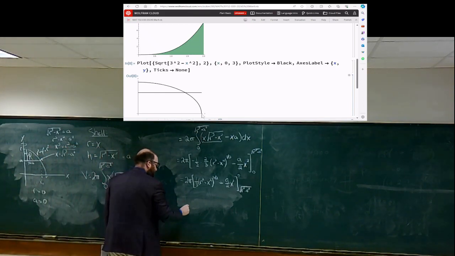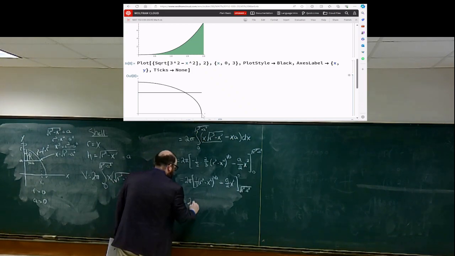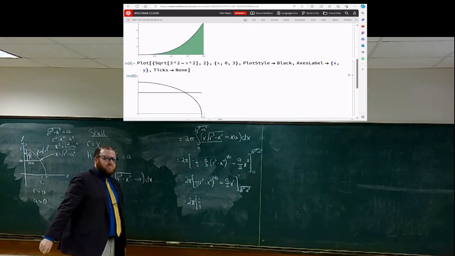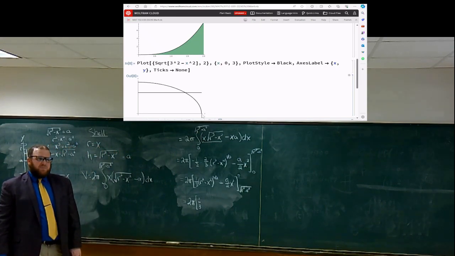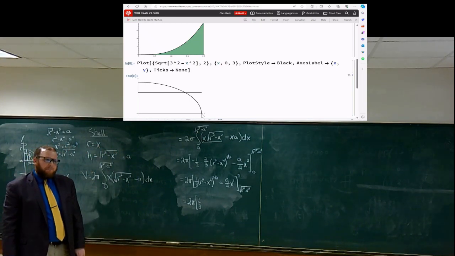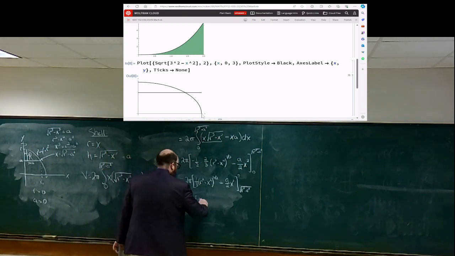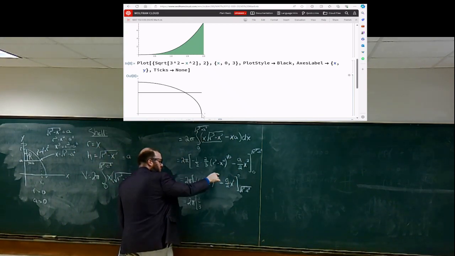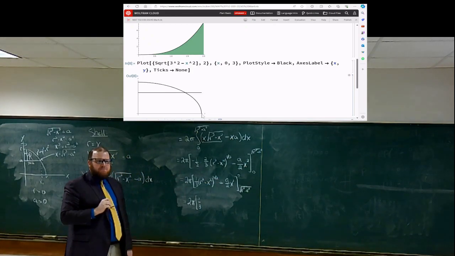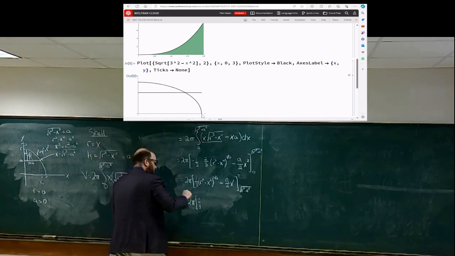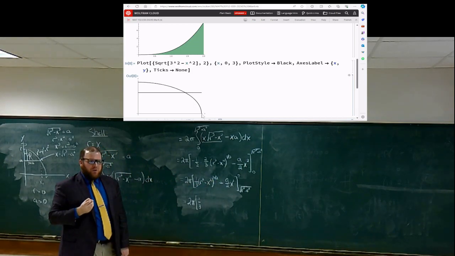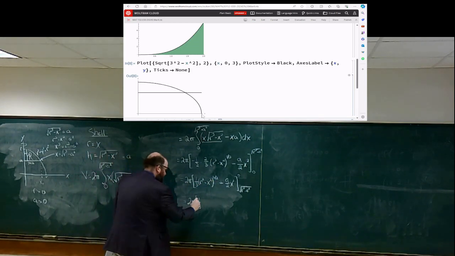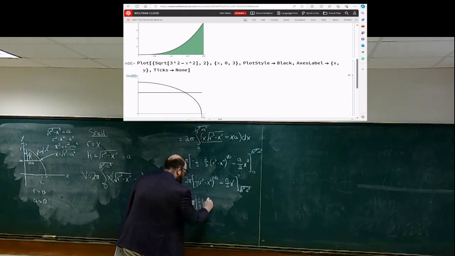Now for the fun part, evaluating this bloody thing. At 0, you get r squared to the 3/2, right? So the square root of r squared is the absolute value of r cubed.